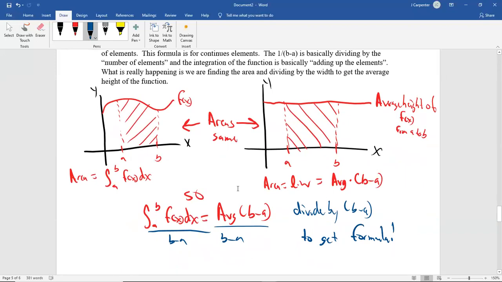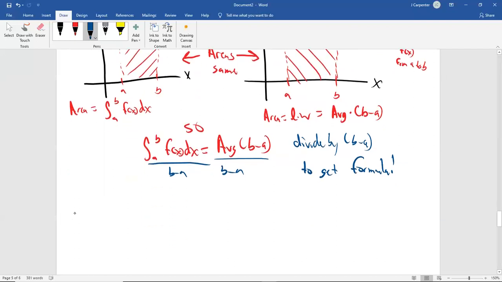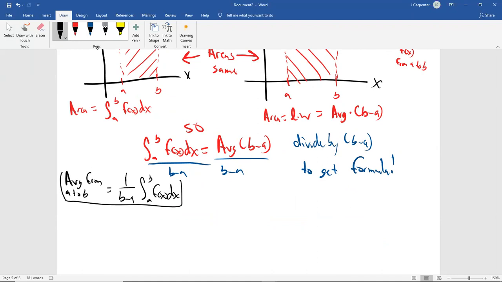So we'll do one of these in our last few minutes left, and then we will call it a day. We will finish this section, in fact. So again, I'll write the formula one last time just so you see it. The average from a to b is equal to 1 over b minus a integral a to b f of x dx. That's our formula.